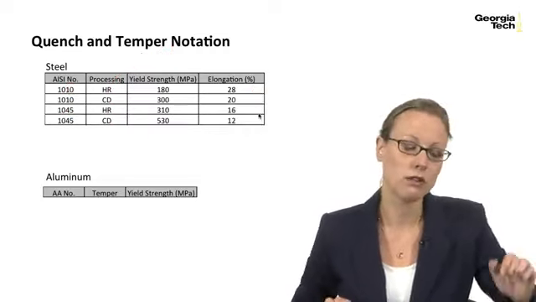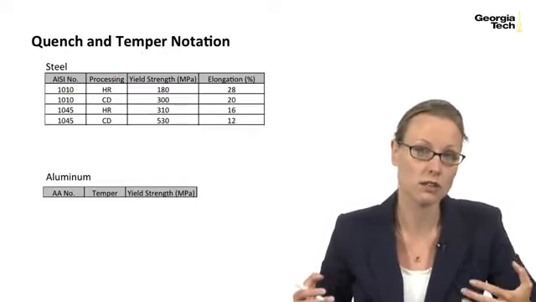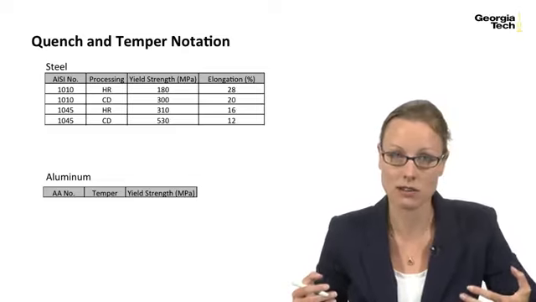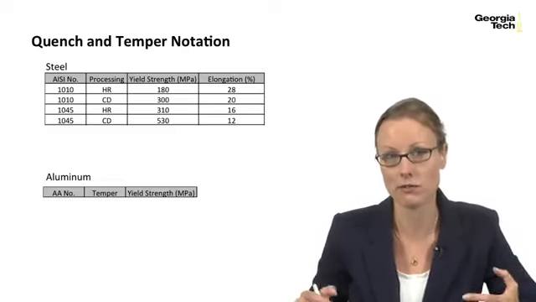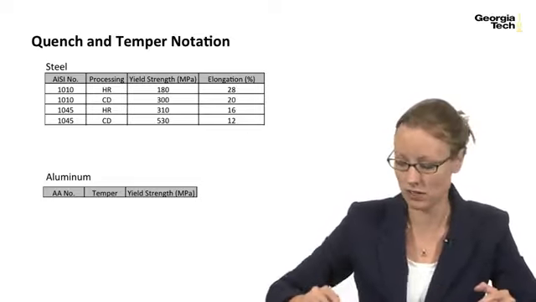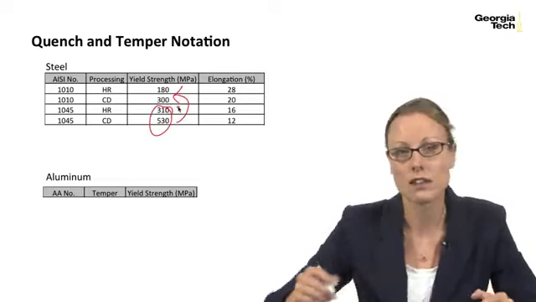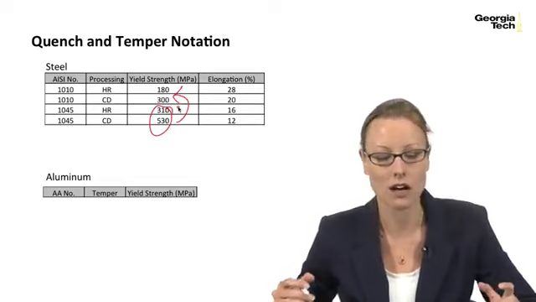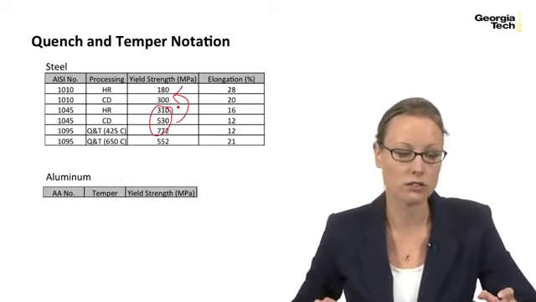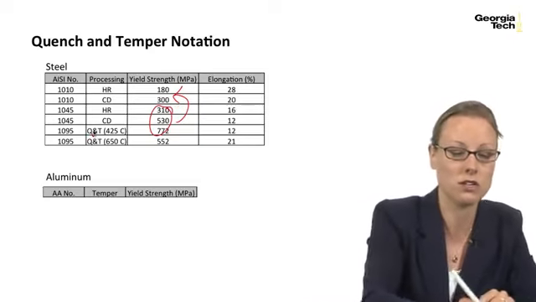So then if we look at 1045 steel, again we've increased the carbon content, and now the carbon content is at 0.45%, which causes an increase in strength. So we start to see that increase in yield strength where this steel is stronger than the 1010 steel. And then if we go to a 1095 steel that's been quenched and tempered, that's what Q&T stands for.